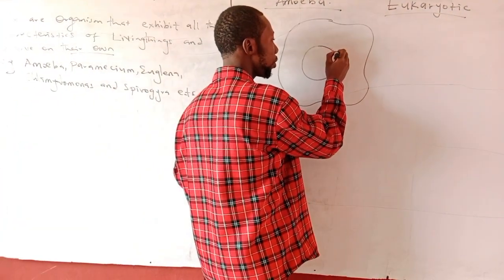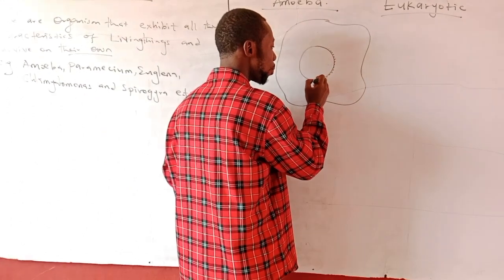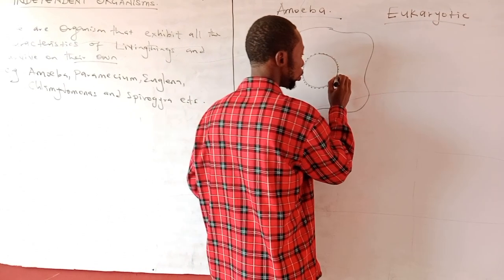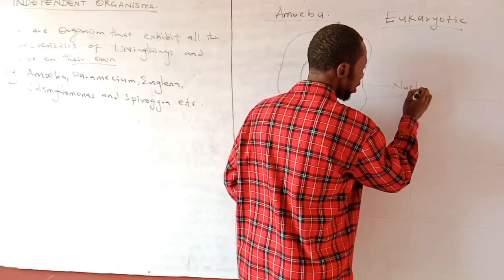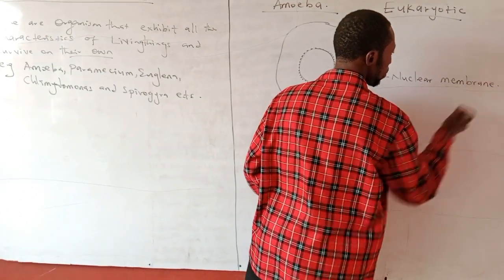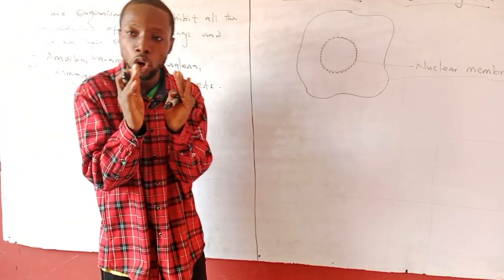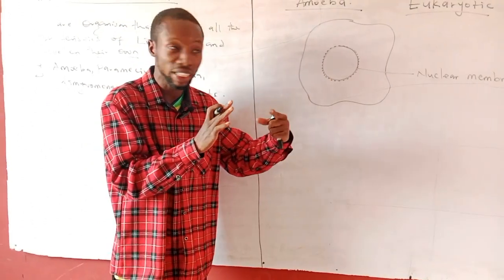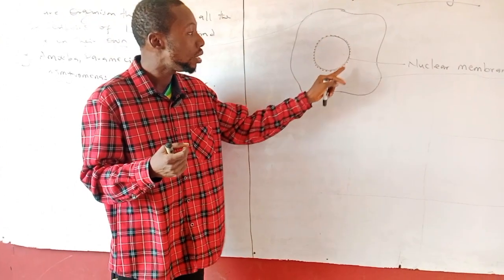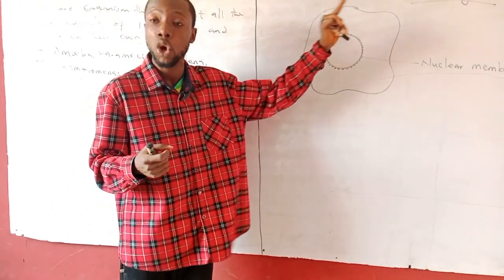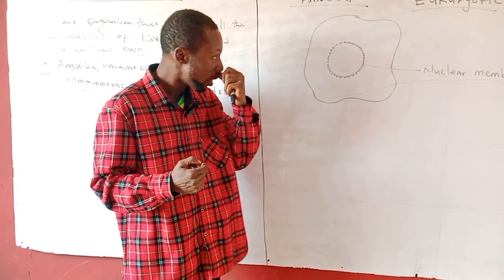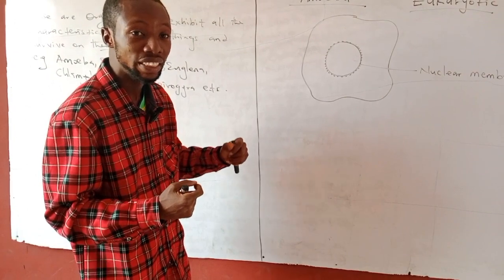At every nucleus of Amoeba, we have this part here called the nuclear membrane. This helps to pack the content of the nucleus together. The organisms that possess this nuclear membrane are said to be eukaryotic organisms, and the cells that possess it are known as eukaryotic cells.